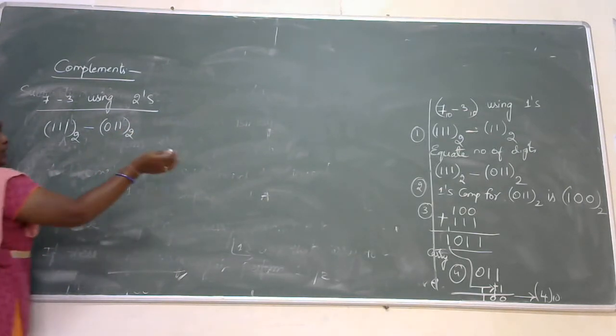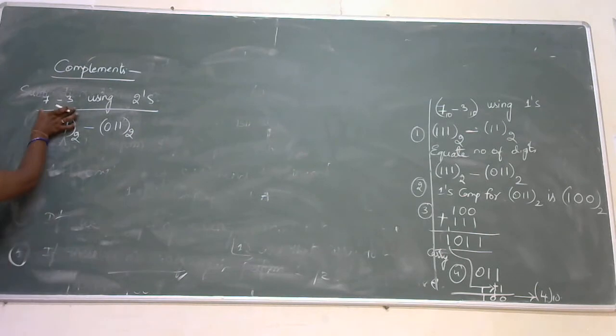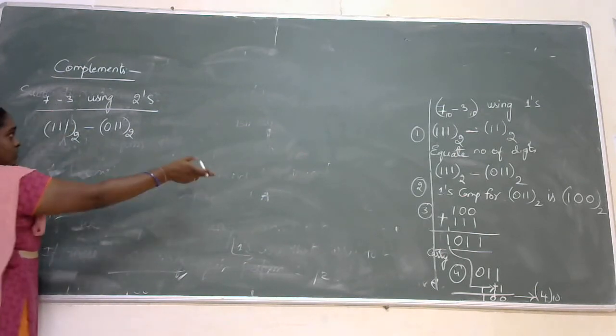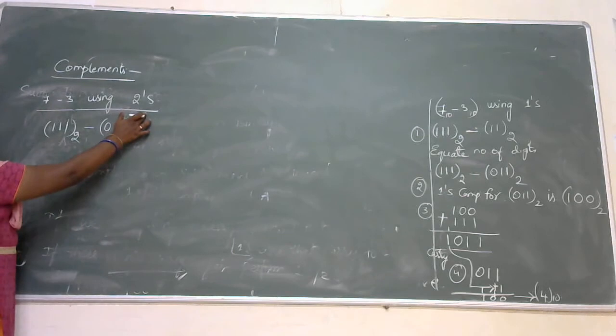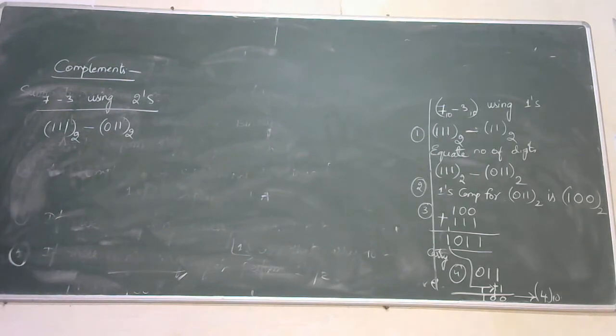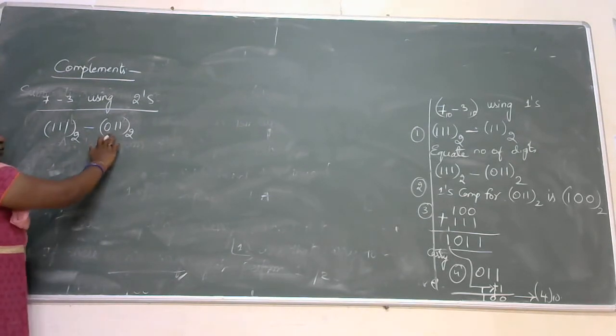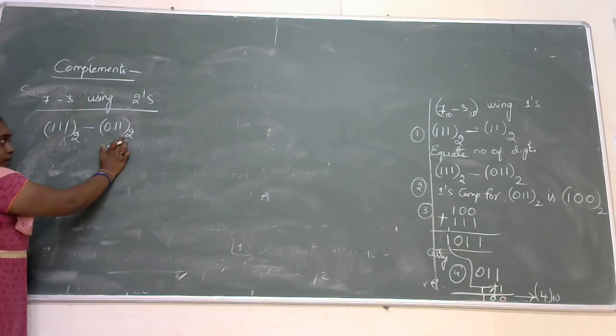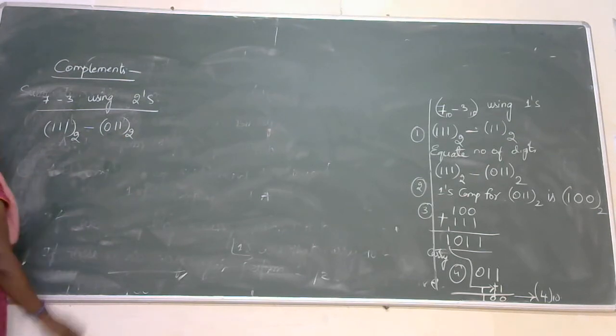In the previous example, we did the same thing using 1's complement. Now we need to do it using 2's complement. In the case of 2's complement, the only change is that instead of performing a 1's complement on the negative number, we need to perform a 2's complement.